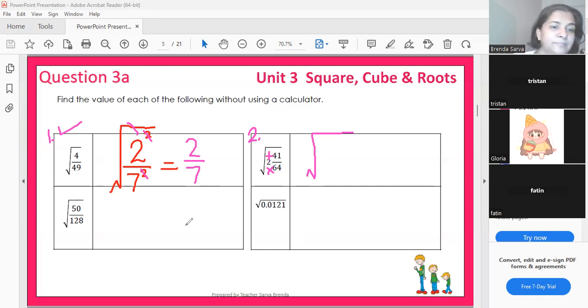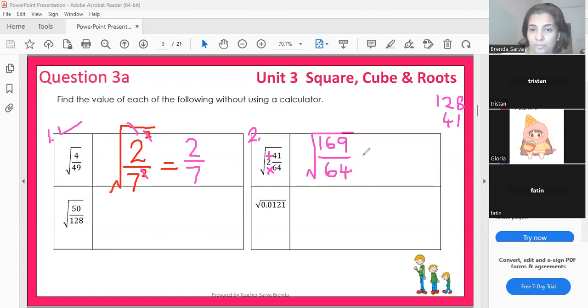Quick, guys. 169. Did all of you get 169? Oh, you use brains. Well, 64 times 2 is 128. 128 plus 41 is, that's right, 169 over 64.